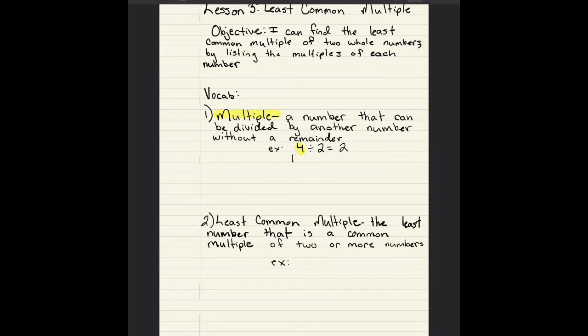Another example would be 12 divided by 4 equals 3. We don't have a remainder, so our multiple is 12.